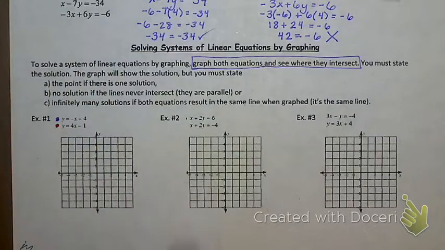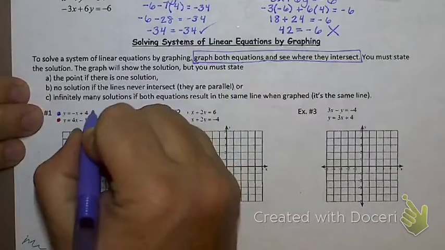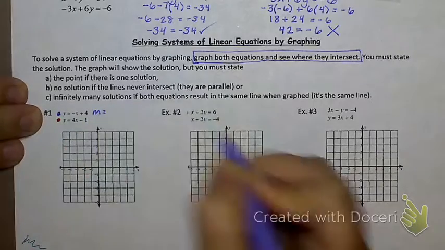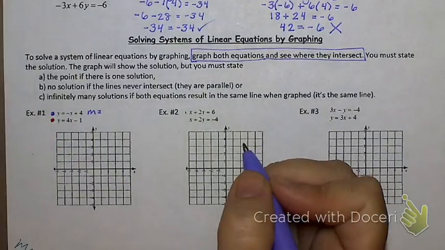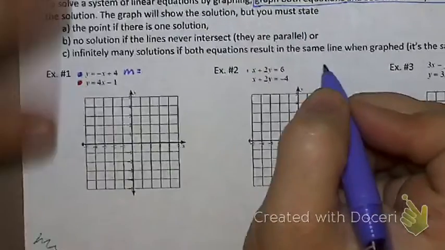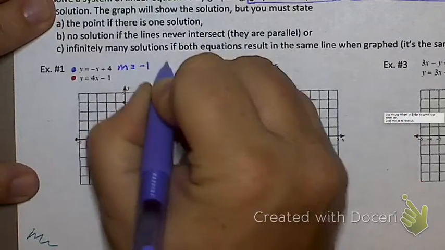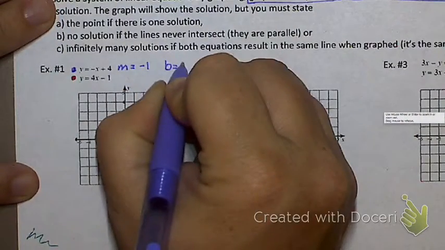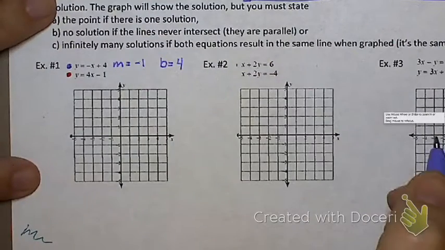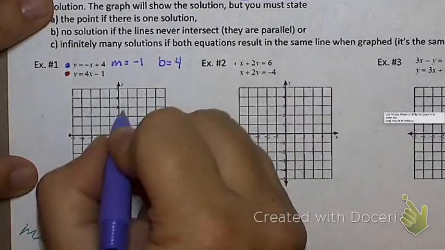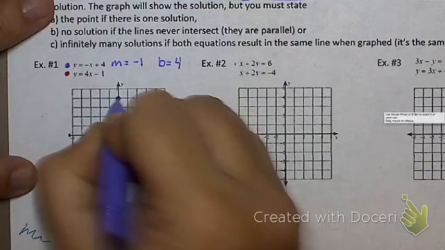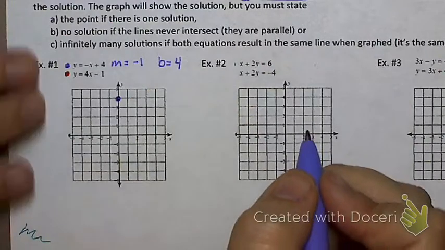Okay, so in my purple line, what is the slope? You want me to zoom in a little bit? -1. What is the slope? -1. What is the y-intercept? 4. So what do I start with? Y-intercept of 4 up there. And then what do I do from there?